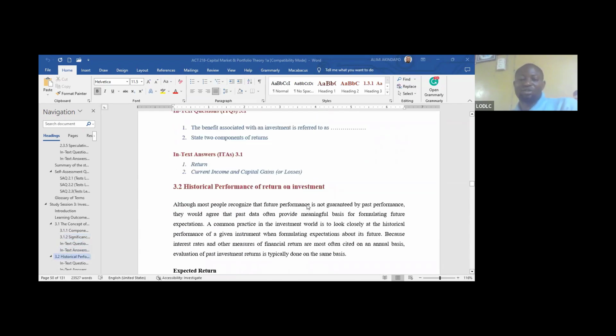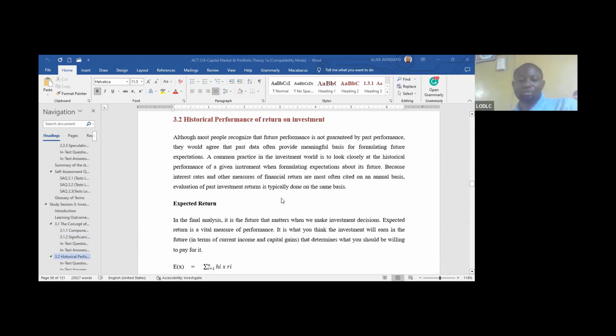So historical performance of return on investment. Although most people recognize that future performance is not guaranteed by past performance, they will agree that past data often provide a meaningful basis for formulating future expectations. That is why in financial accounting, you use historical data to formulate your future decisions. So a common practice in the investment world is to look closely at the historical performance of a given instrument.